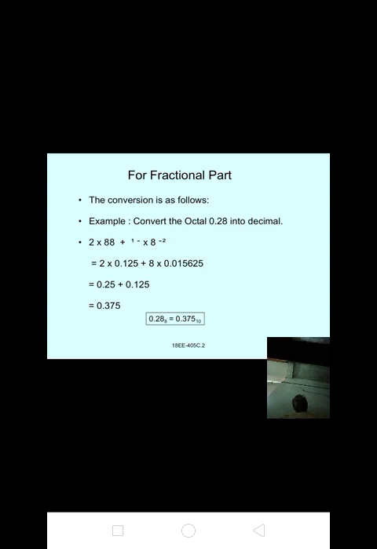That is 2 into 1 by 8 plus 8 into 1 by 64. 2 into 0.125 plus 8 into 0.015625. 2 into 0.125 is 0.25. 8 into 0.015625 is 0.125. Total value is 0.375.